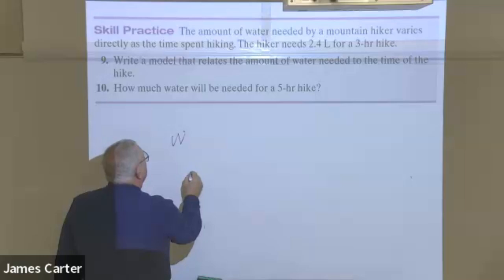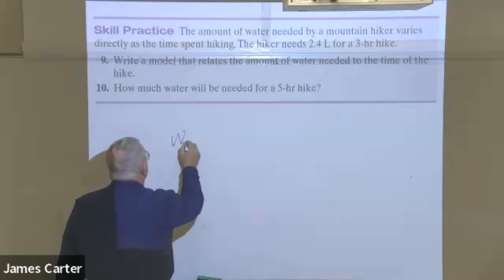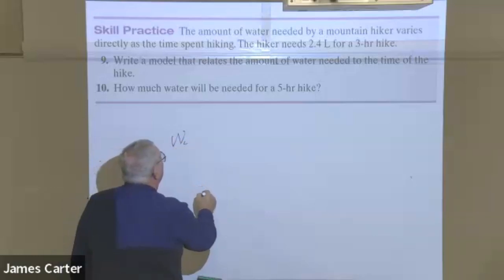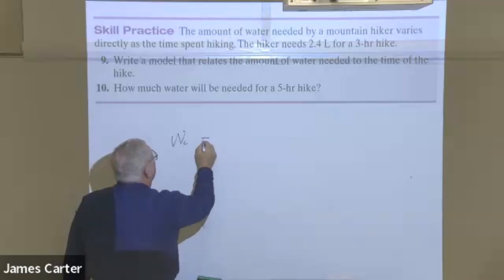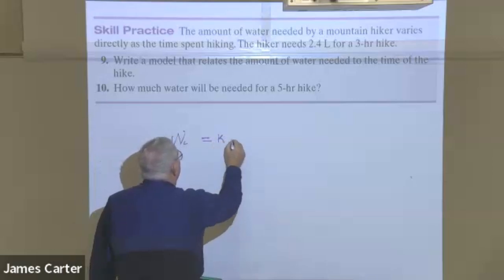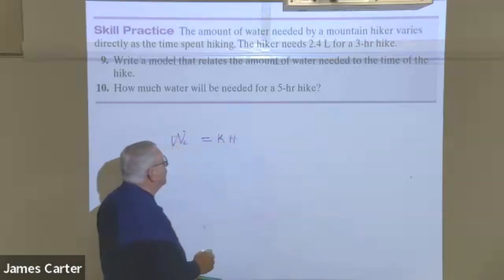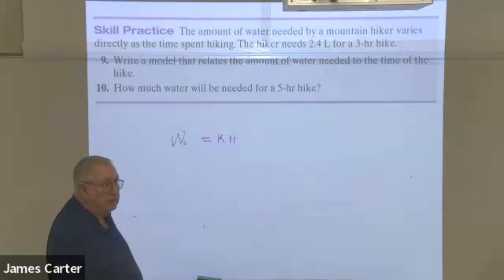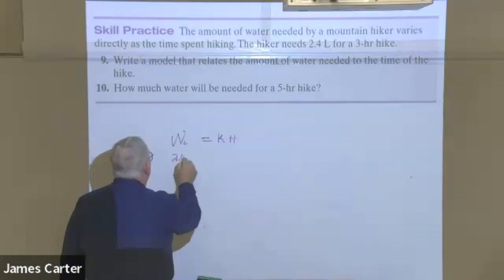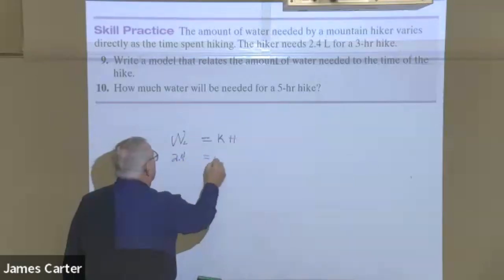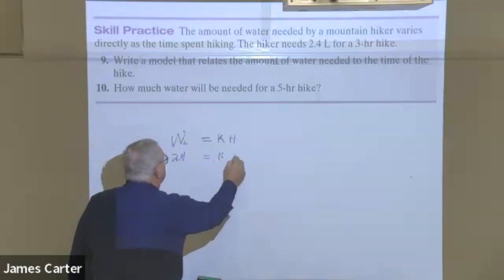The amount of water needed, and this is in liters, equals K times the number of hours, right? 2.4 equals K times 3.